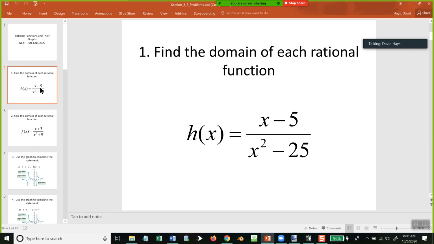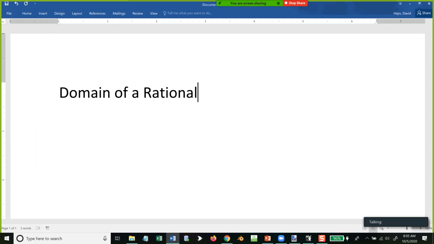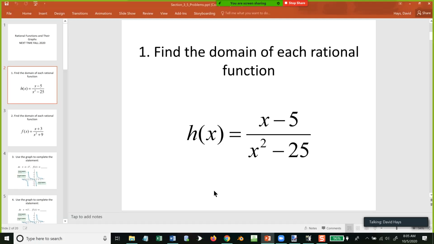First thing we're going to take a look at is how to find a domain of a rational function. And we've already seen this. This is where you have variables in the denominator.